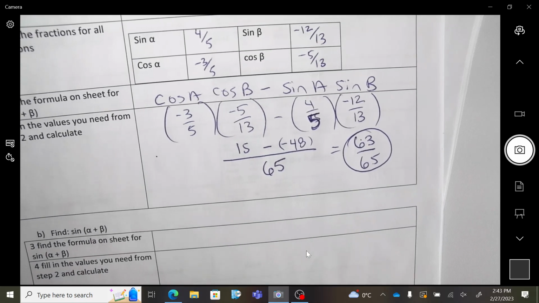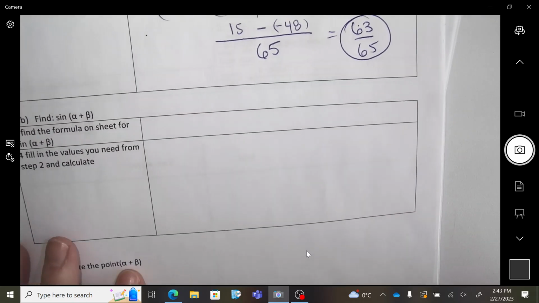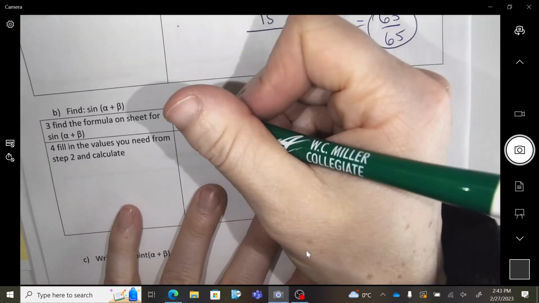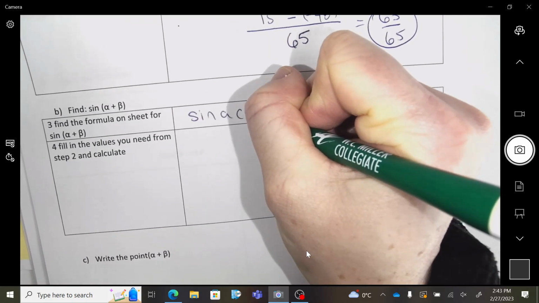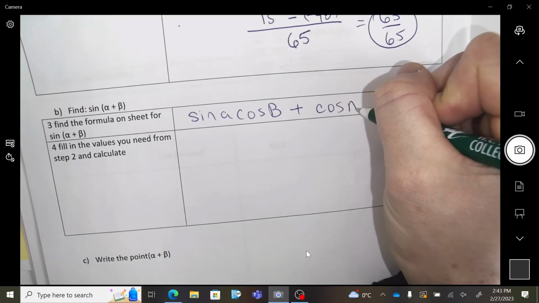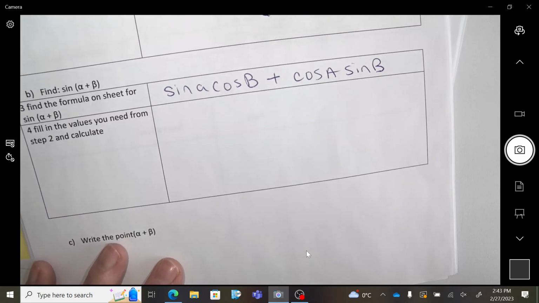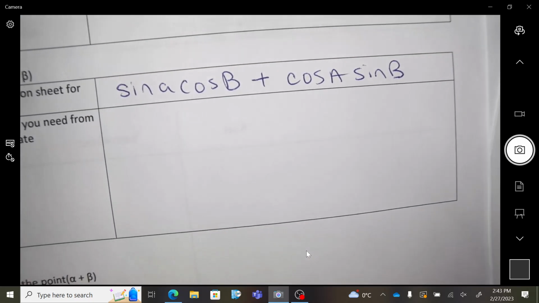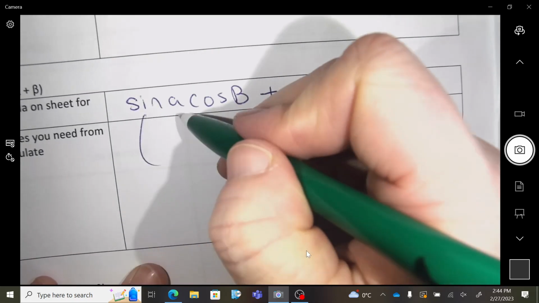Okay, now I asked you, part 2, find the sine of a plus b. So grab your formula sheet. Copy down the formula that you find for sine of a plus b.